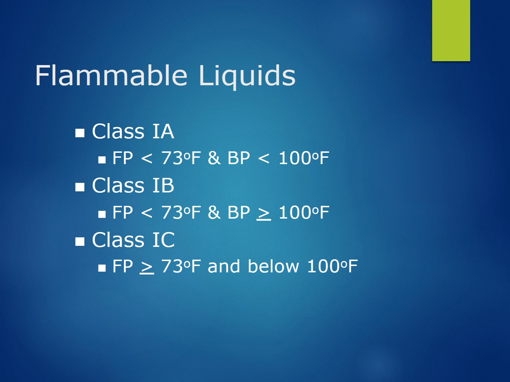The last class flammable liquid is a 1C, which has a flash point greater than 73, but below 100 degrees Fahrenheit. Remember, the 100 degrees Fahrenheit cut point is where we go from a flammable liquid to a combustible liquid.